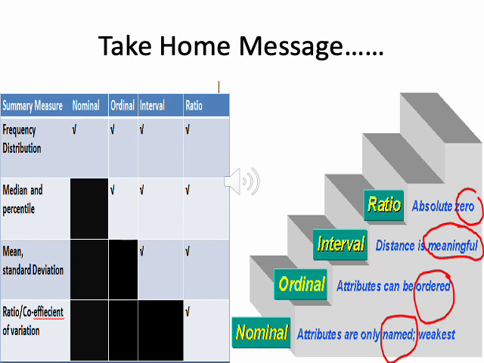When we want to summarize these variables, it is important to understand the complexity of the variable. The variable which is most complex can be summarized in all manner: by the frequency, by the median, by the mean, and by the ratio.